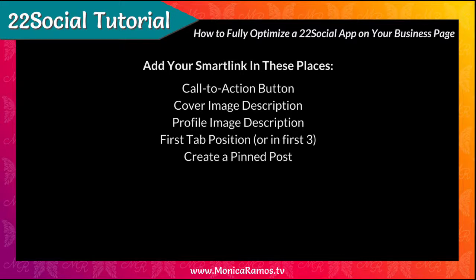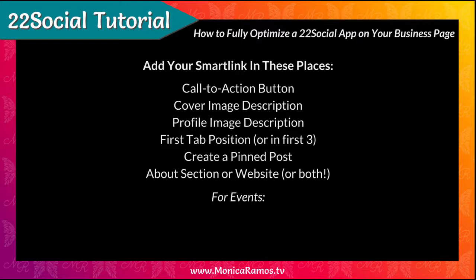You want to create a pinned post, so you want to post this smart link to your business page and then pin it to the top. And you'd also want to keep it in the About section, the short description area, and the website area, or both, because that is also visible on the front page of your business page from the viewer side.